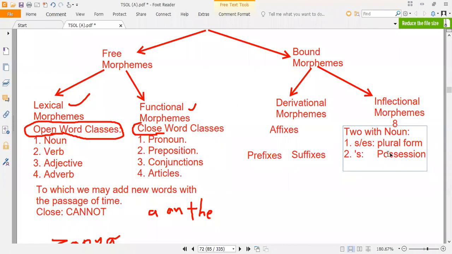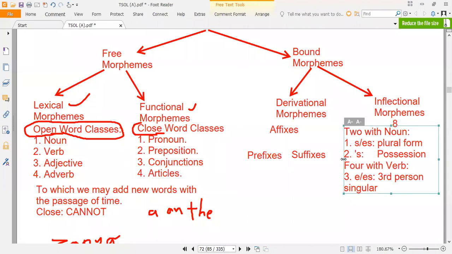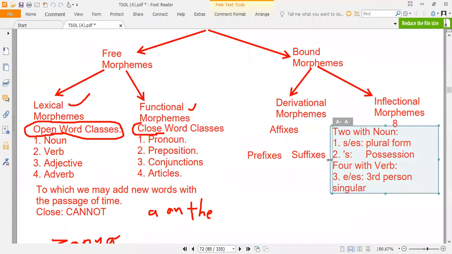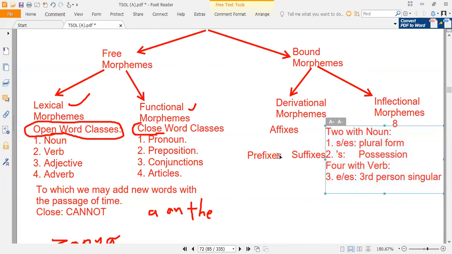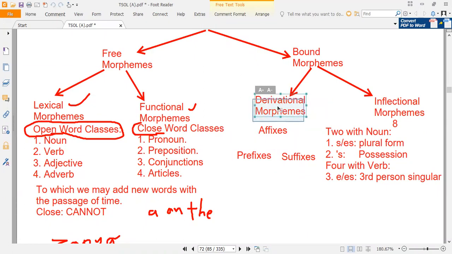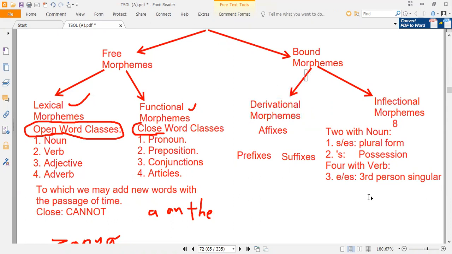Two of them are added to nouns, 4 with verbs, which is we have got s or es again, for showing the third person singular. Fine.